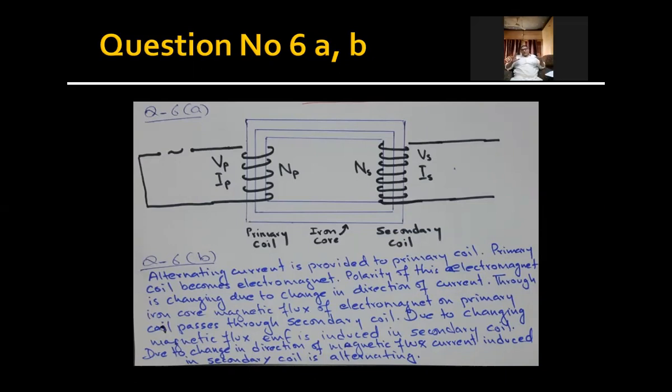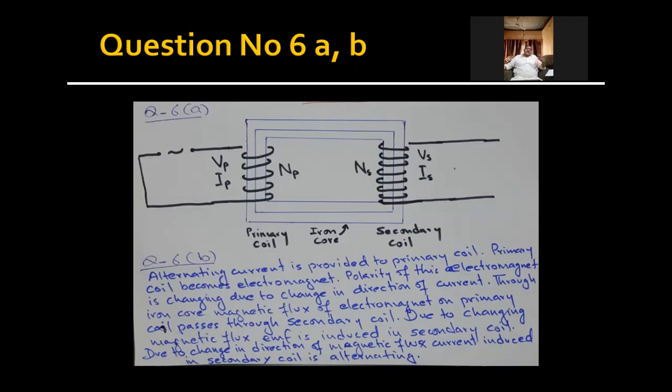And because you have provided alternating current, its direction is all the time changing. If it flows to the left, in the next moment it will flow to the right. So the direction of that current changes continuously. So what will happen?